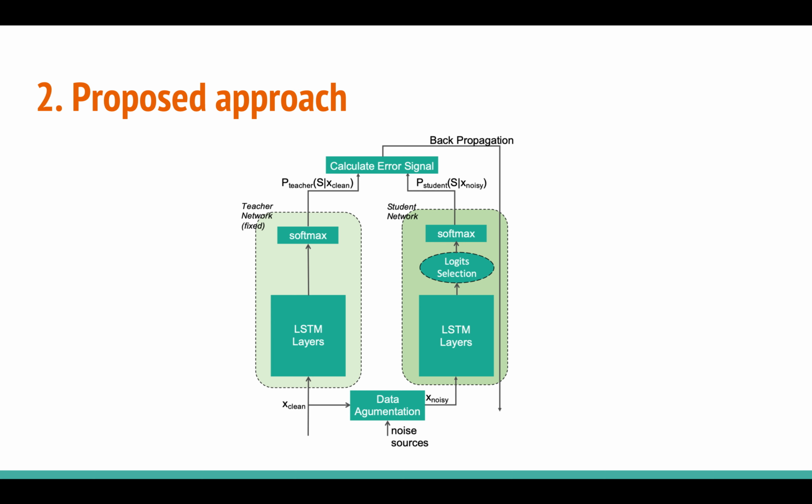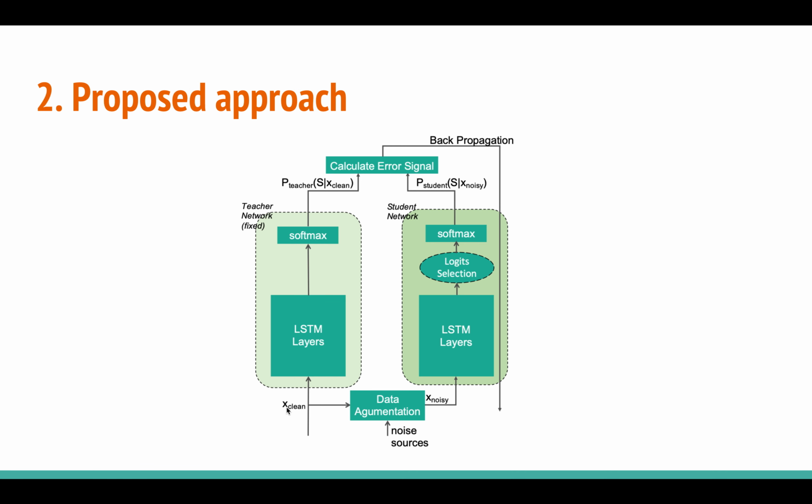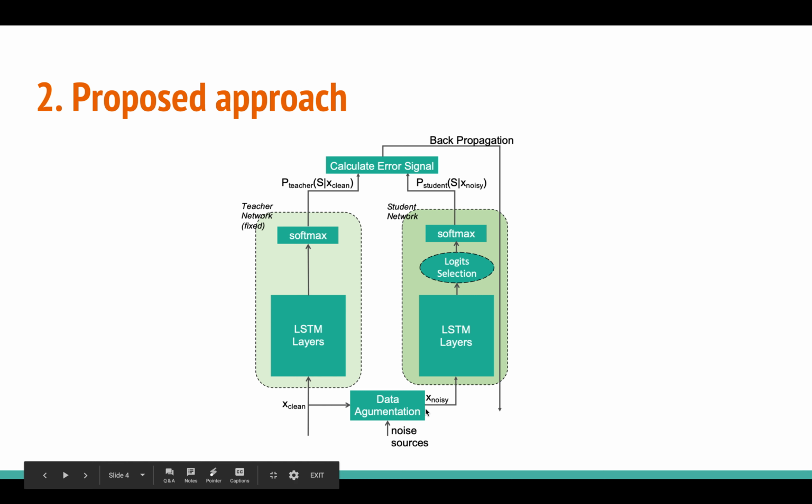They have a teacher network, as you can see here, and a student network here. Once they train a teacher network using clean data, they transfer knowledge from this network to the student using noisy data.